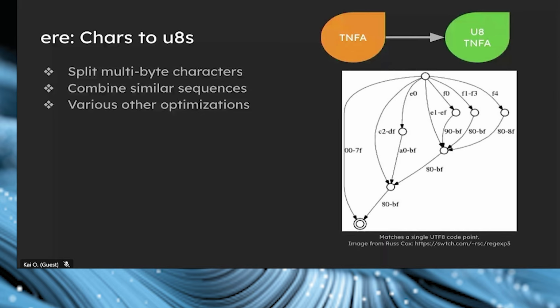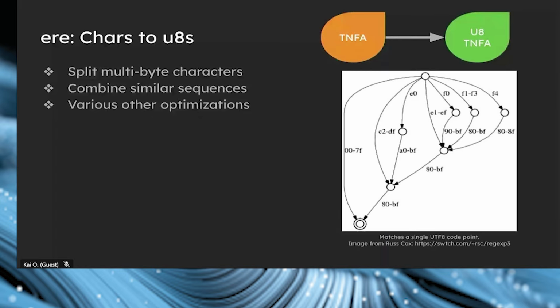But anyway, we're splitting multi-byte characters into multiple states so that we can go through each byte appropriately. We're going to combine similar sequences with the same kind of optimizations we did with the character-based TDFA. And then there are various other optimizations that I do. I'm not going to go into details on that.